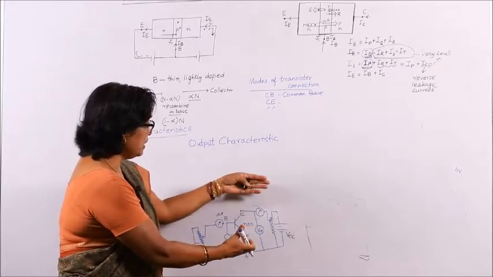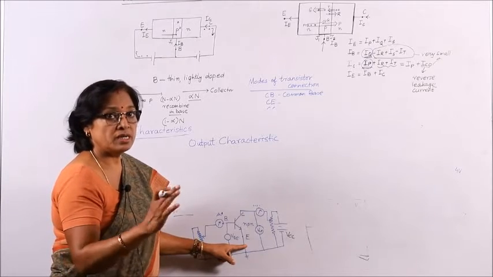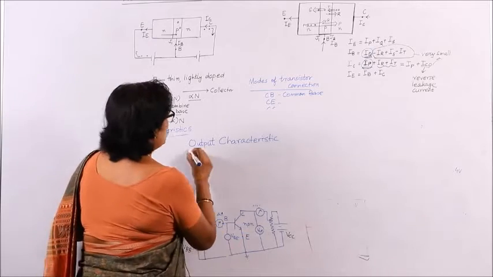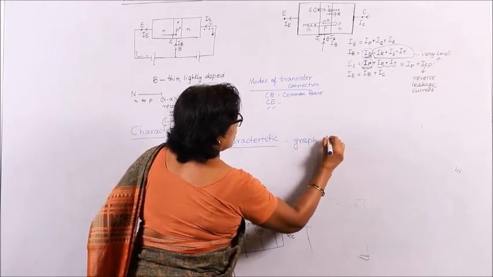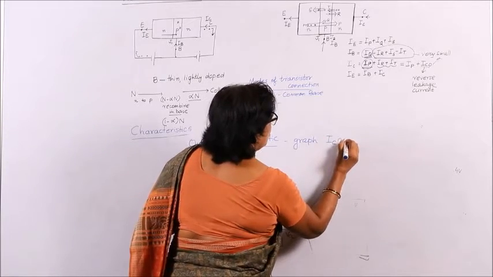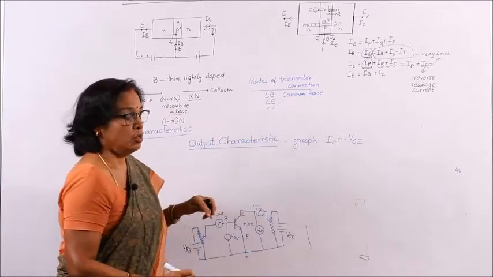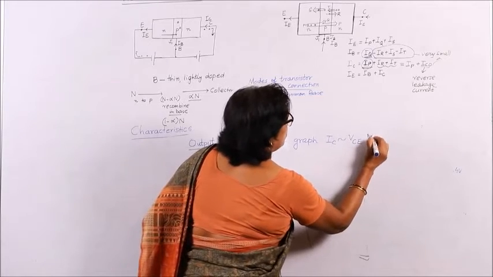Now, the output circuit is collector and emitter. So, it will be a graph between collector current, C for collector, I for current, versus collector emitter voltage, keeping IB constant.